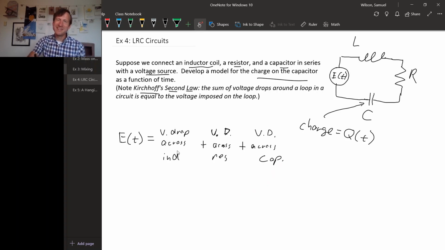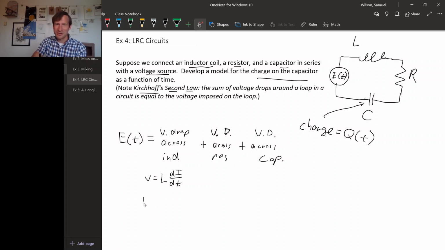All right, well, now we need to know something about how voltages drop when you cross these electrical components. And fortunately, the physicists already know about that sort of thing. For an inductor, it turns out that the voltage drop across an inductor is the inductance times the rate of change with respect to time of the current through the inductor.